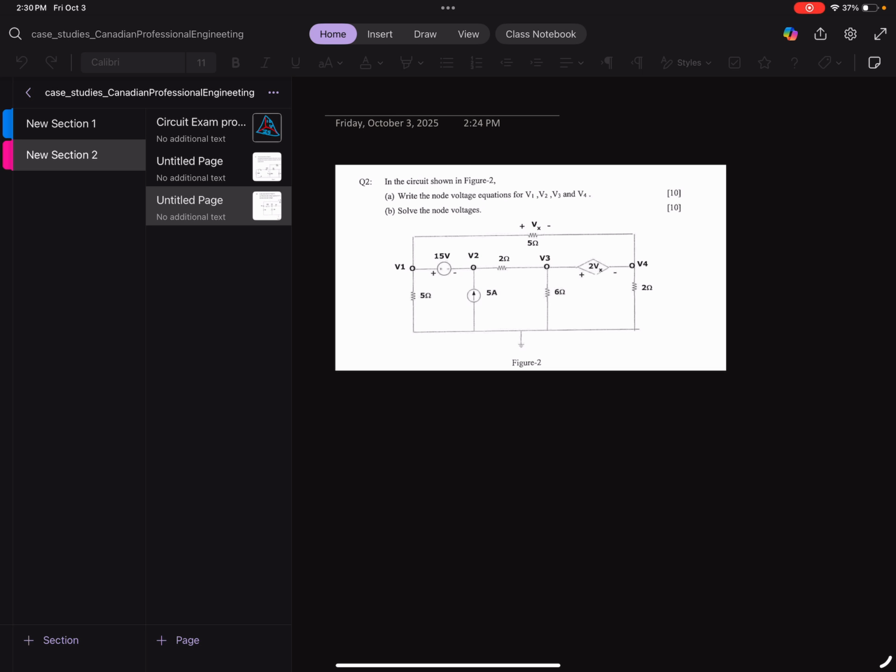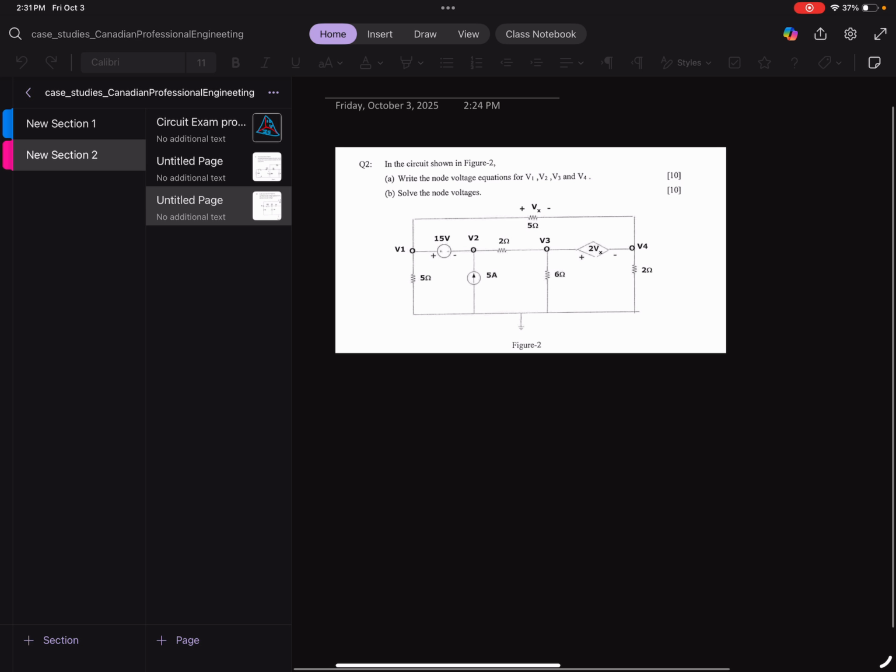Okay, so here the question says, write the node voltage equations for V1, V2, V3, and V4 and solve for it. So let's see what we have here.